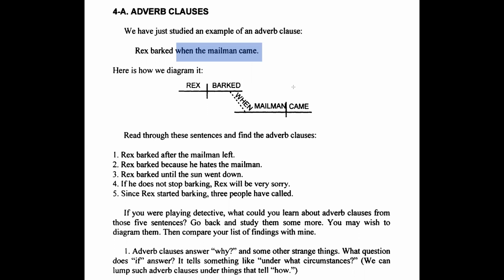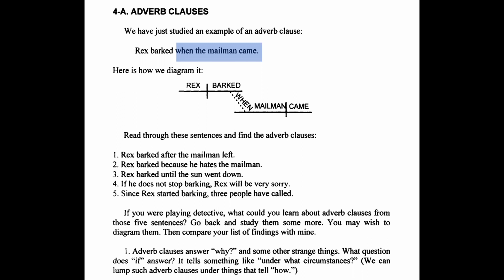How do we diagram this? When here is what's called a subordinating conjunction. We're going to look at that a little more in detail shortly. But it is a conjunction. And if we remember from the earlier sections of the book, we had coordinating conjunctions, which would join different words or phrases or sentences with a dotted line.